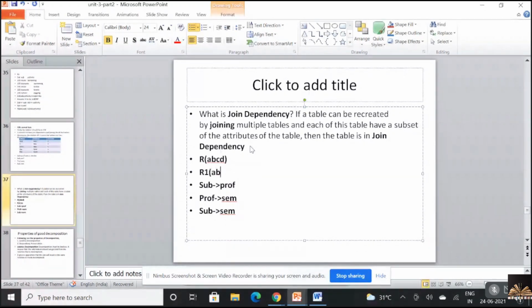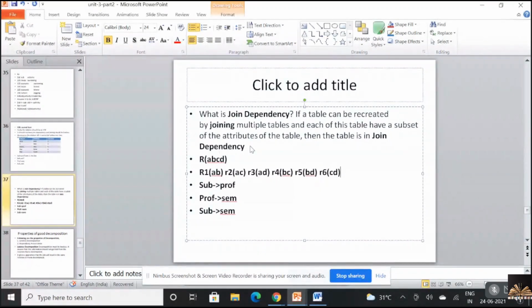R1 is AB, R2 is AC, R3 is AD, then R4 is BC, R5 is BD, and then R6 is CD.